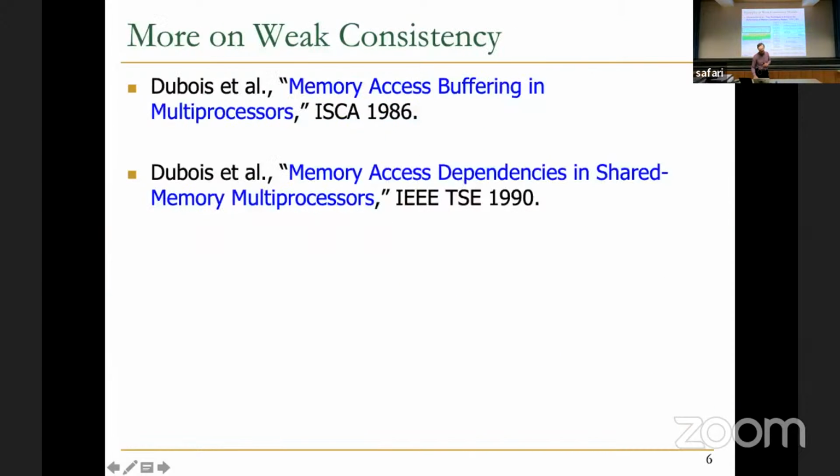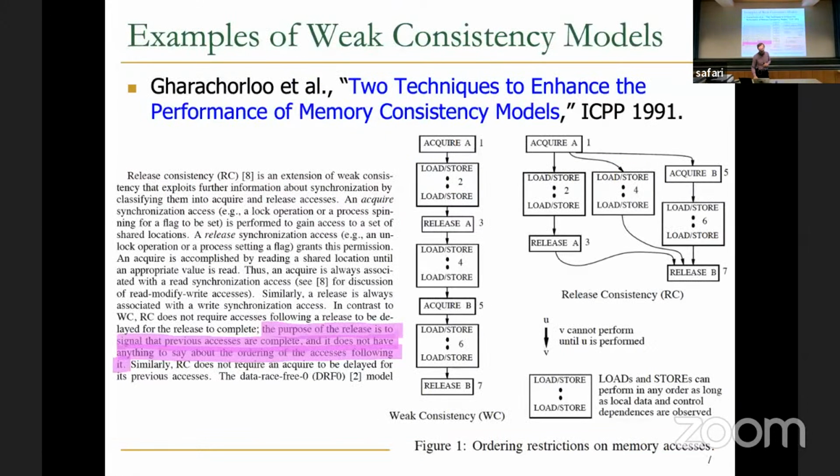Then this release consistency work goes on and sees that the operations after the release do not need to wait as well. So they propose an even weaker consistency model, and they realize that the purpose of the release is to signal that previous accesses are complete.